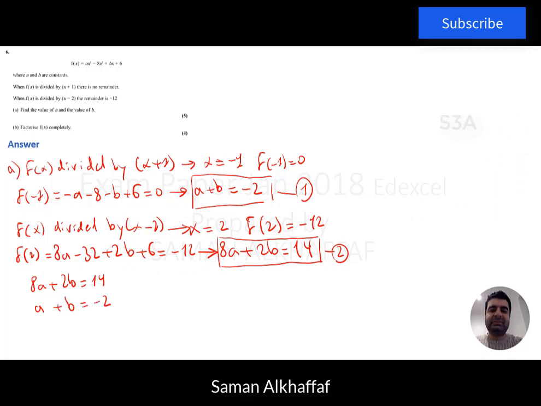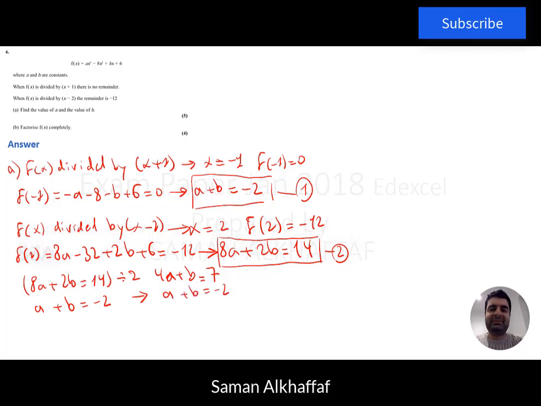If we divide the first one by 2, that gives us 4a plus b equal 7, and in the other equation a plus b equal minus 2.